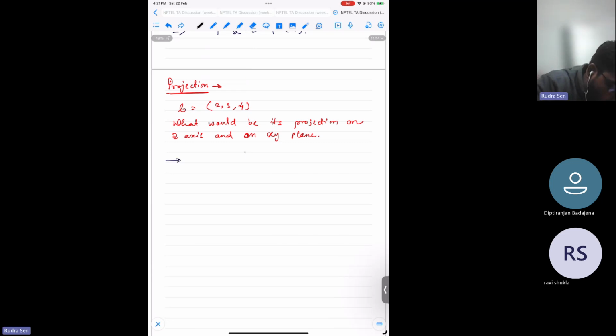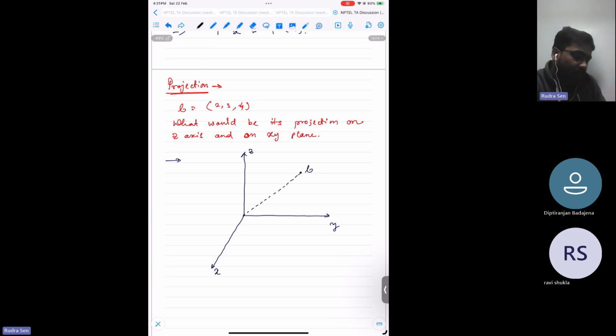So I have a 3D vector something like this. This is the B vector, whose coordinates are given to us as 2, 3, and 4. What would be the projection of this B vector on the Z axis?